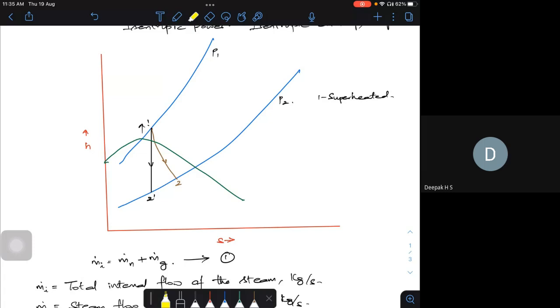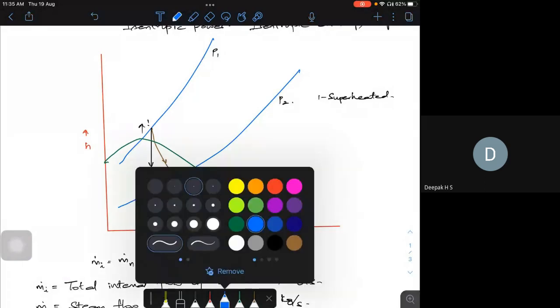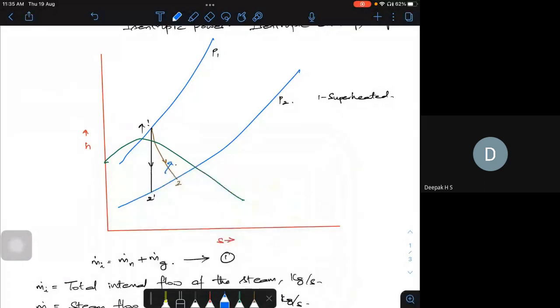Now, when I try to expand it, if there are losses, say I'm going to follow a path 1 to 2 with minimum loss. If the losses are more, this curve will move towards the right hand side.